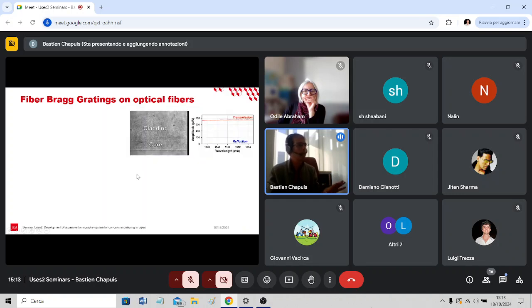At CEA we have a platform called FemtoBragg that can be used to manufacture our own FBG sensors. Here you can see, using a femtosecond laser, we create some microvoids in the core of the optical fiber.